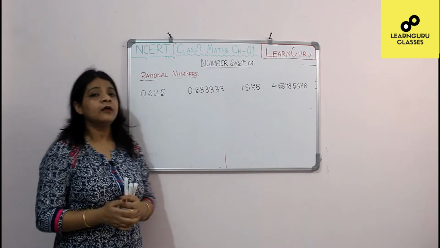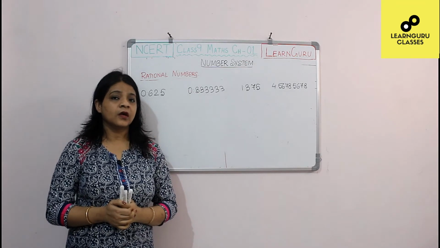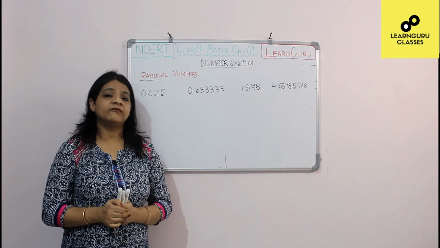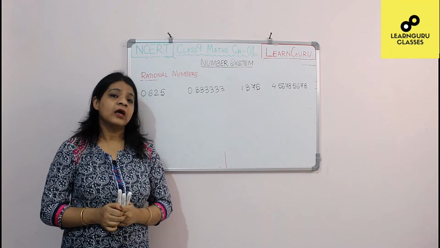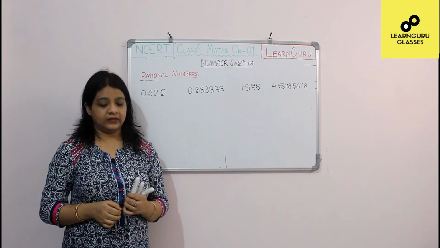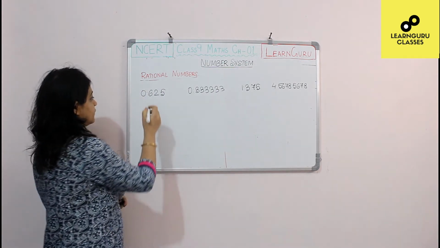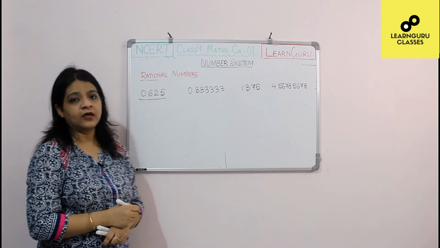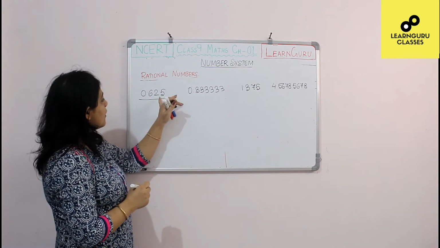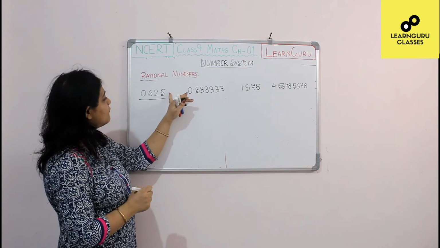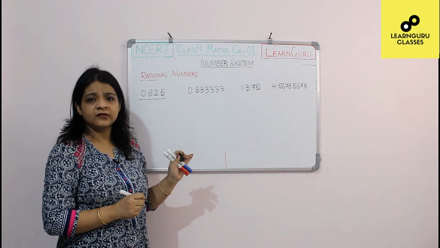Here I have taken 4 decimal expansions. You are to identify which one is terminating and which one is non-terminating. Now come to this expression 0.625. From this you can say that after 5 no other digits have repeated.